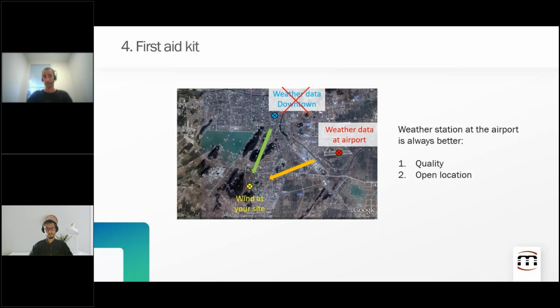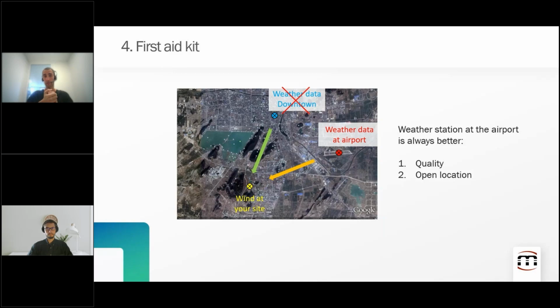The other reason is that it is much less disturbed by the environment. At the airport, it is usually open country, so there are no obstacles near the mast. Whereas downtown, you have buildings around that also evolve over time.